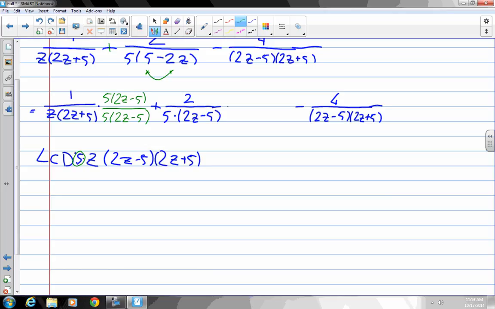The second one is missing z, and then 2z plus 5 over z, 2z plus 5. And the last one is missing 5z over 5z.